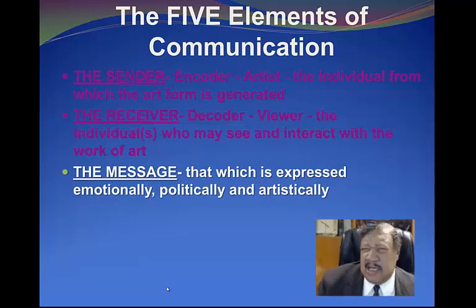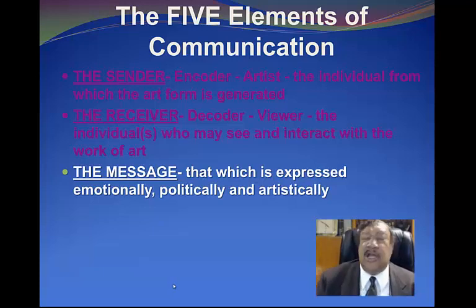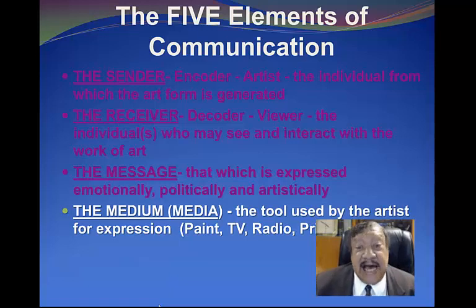Inside that which is used, we have to have a message. And in order to get that message across, we have what is called a medium, or plural, media, the tool used by the artist for expression. You can use TV, radio, print, paint, sculpture. That's your medium used in order to convey the message.